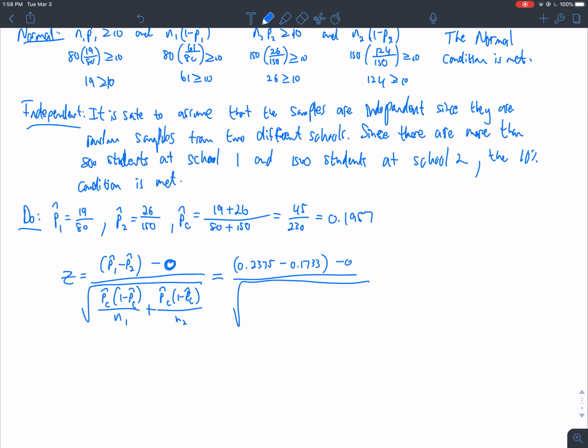Okay, so this is p hat sub C, which is 0.1957 times 1 minus that, all over n1 is 80, plus again 0.1957 times 1 minus 0.1957, all over 150.